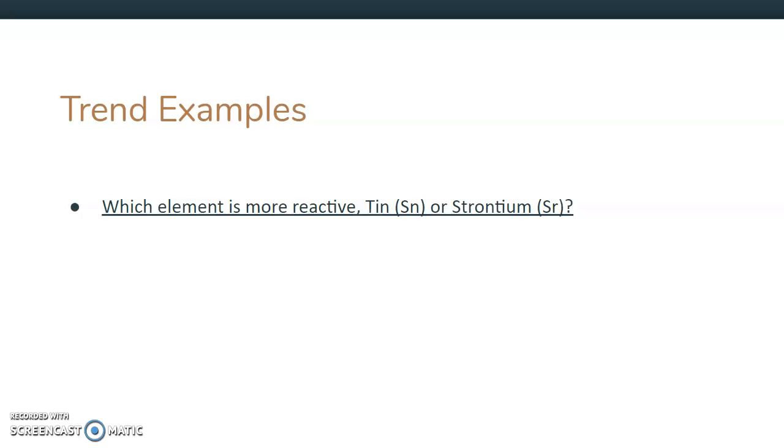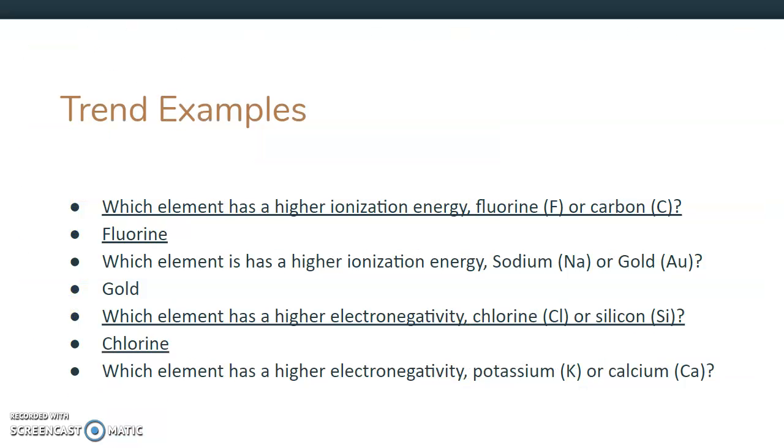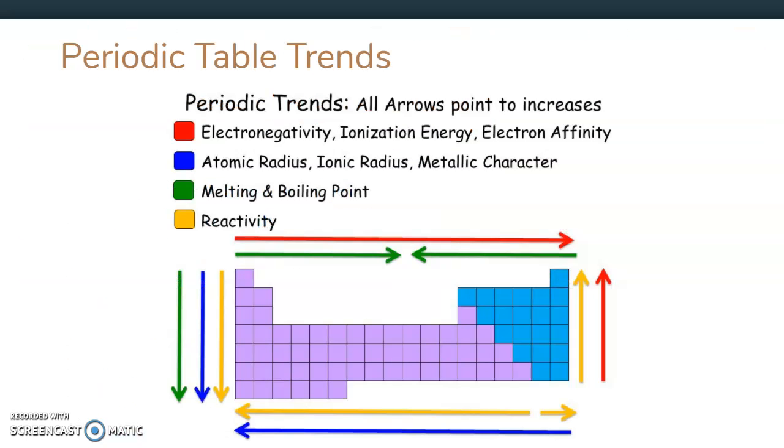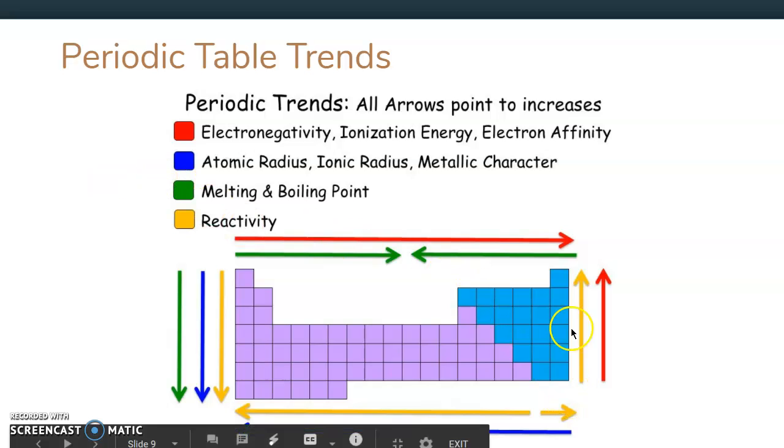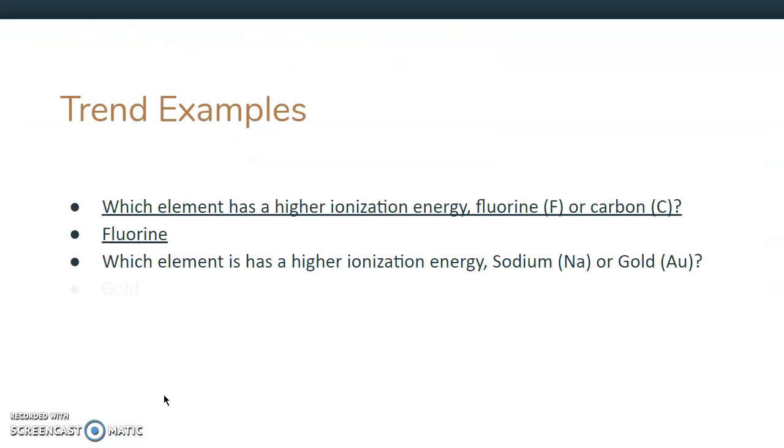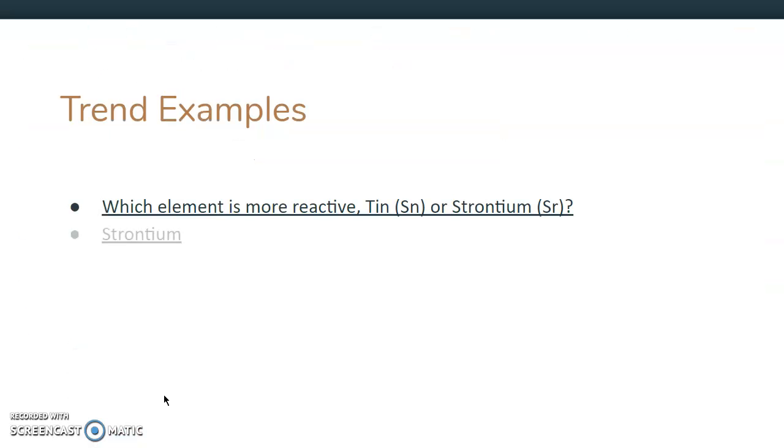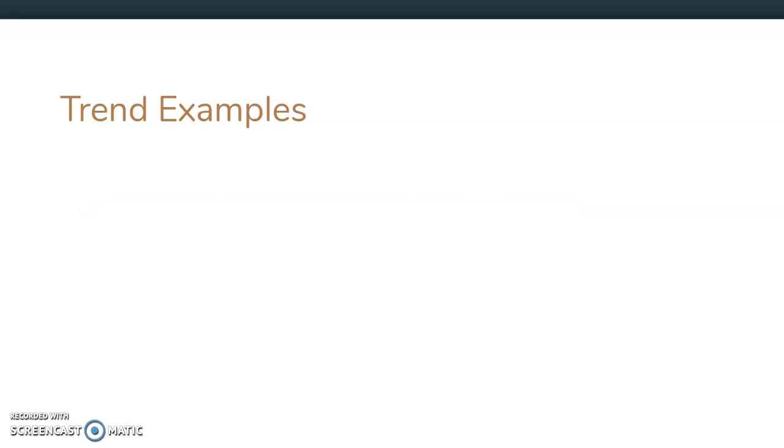So some more examples. Now we're talking about our reactivity. So let's go back and remember our trend for our reactivity. For nonmetals, it increases as we go to the right and up. For metals, it increases as we go down and to the left. So going back to tin and strontium, we have to go find those on our table.